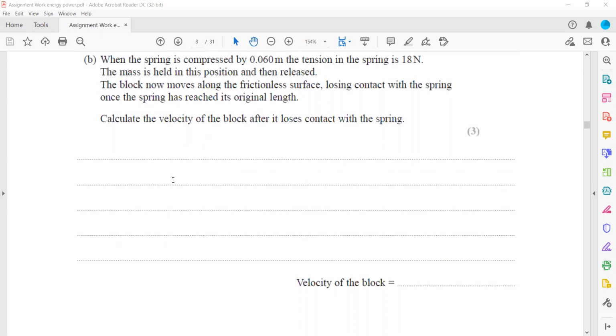So we can say the kinetic energy is equal to the elastic strain energy, and elastic strain energy is always half force into distance, because whenever work is done on a spring, the force is the average force, not a constant force, because the force continuously varies.